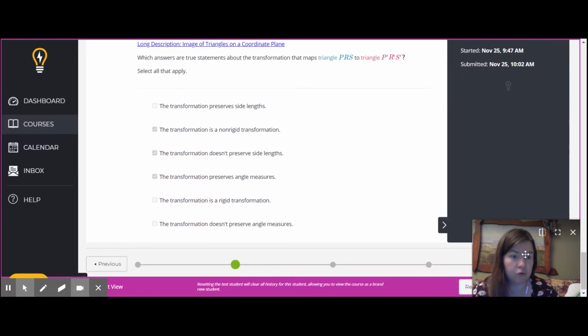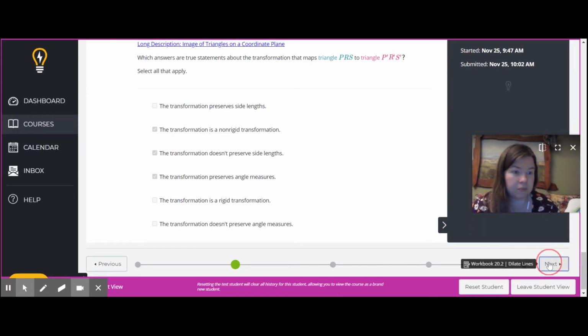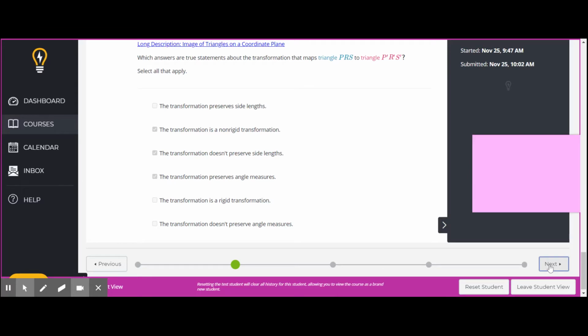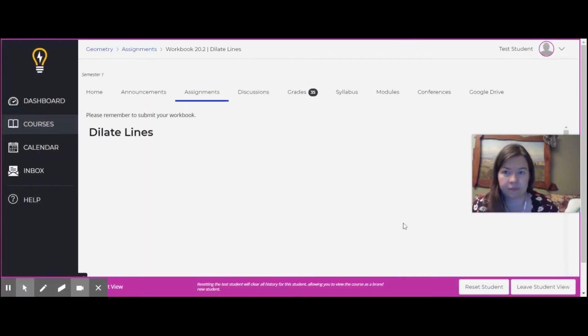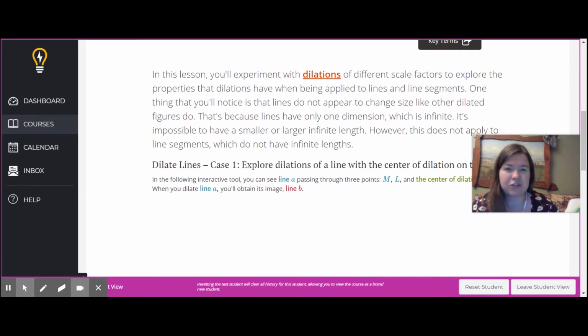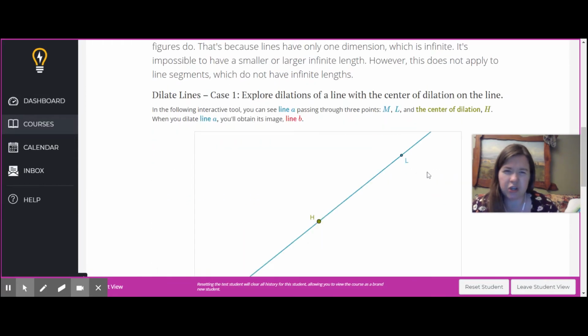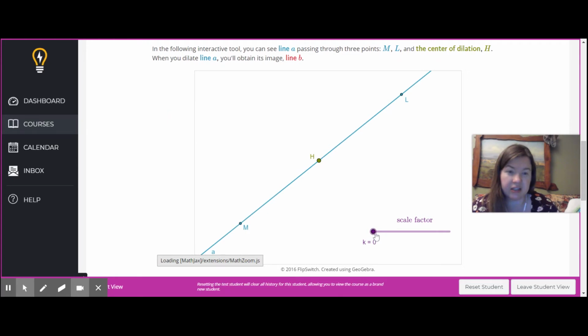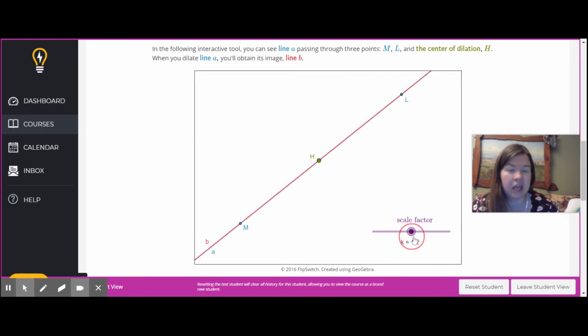I'm going to move my little picture here, 20.2. This is about dilating lines, which is kind of a weird one. It wants you to dilate a line, which you can't. This is such a funny thing. Scale factor, they say, is K, and notice this doesn't do anything because the line technically goes on forever, and you can't stretch a forever line twice as forever.